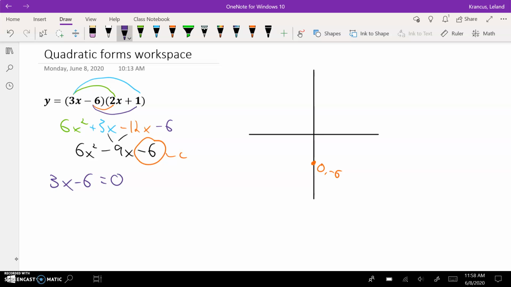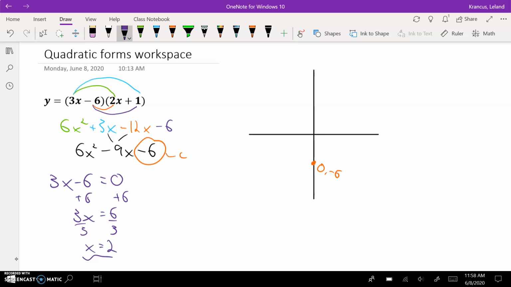That means we add 6 to both sides, then we divide both sides by 3. So one of our x-intercepts is at positive 2, because if x is equal to 2, 3 times 2 is 6, and 6 minus 6 is 0. It makes the first binomial equal to 0.